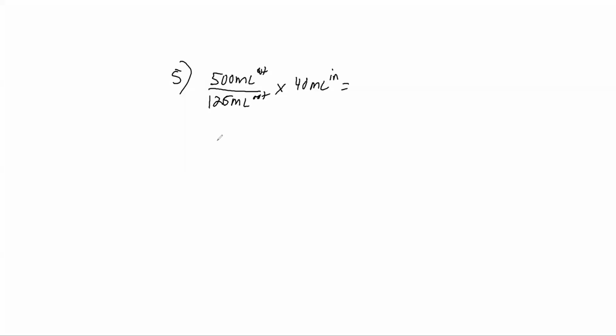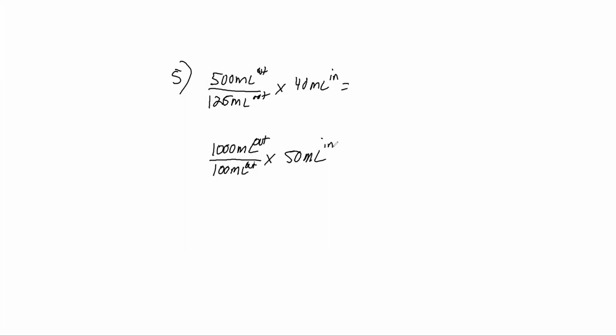That's a lot in 4 hours, so we'd have a problem there. I set it up the exact same way: I always put the big out over the little out, then multiply by the in, and that gives us the actual replacement volume.